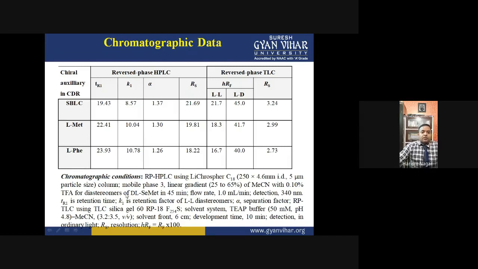This chromatography run was carried out for 45 minutes, the flow rate was 1 ml per minute, and detection was made at 340 nanometers.